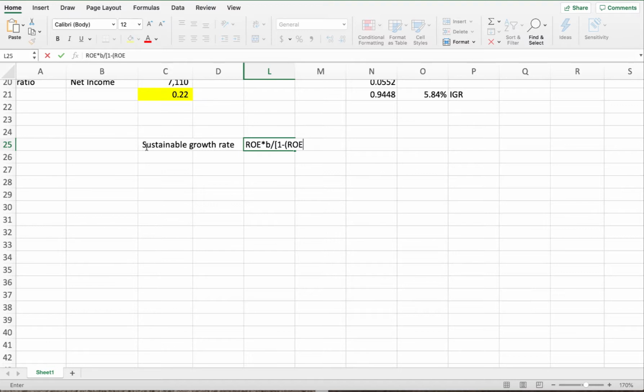ROE times the plowback. Okay? Now, what information do we have here? Well, they give us the profit margin, the asset turnover, the debt to equity ratio, and the payout ratio, right? Okay, that's pretty easy. So the first thing that we need to do is calculate the debt to equity ratio, okay?